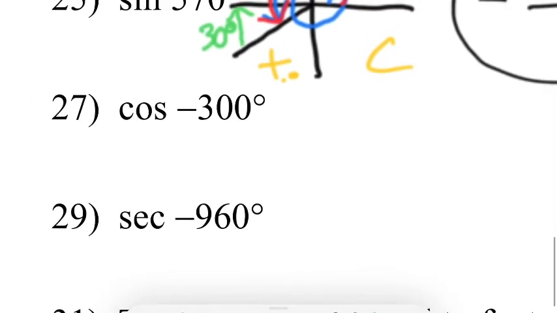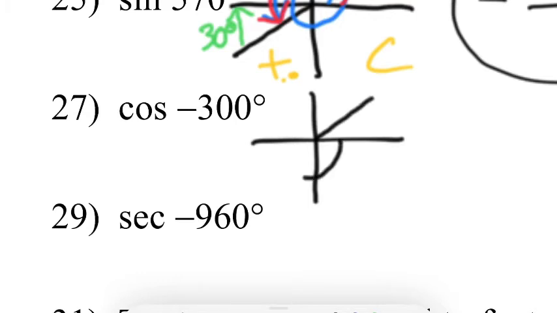For 27, I'm just going to keep going on this side. If we want to sketch our negative 300, we would be roughly in the first quadrant, go all the way around. Our leftover angle would get us to negative 360.